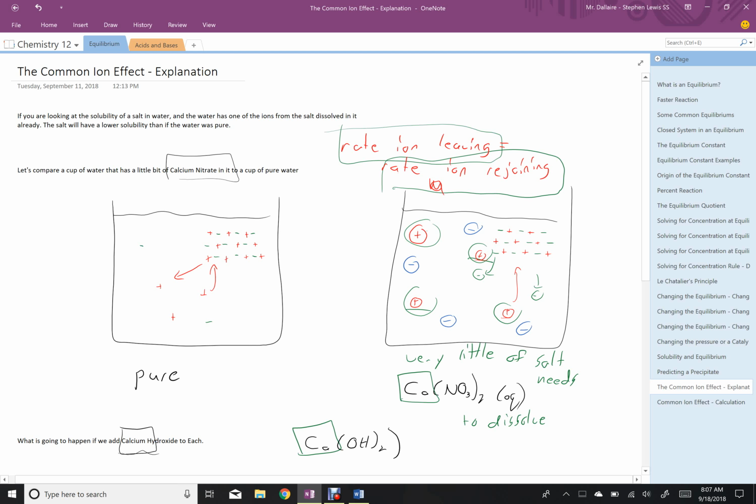But as opposed to needing to build up the concentration of both ions, here we only need to build up the concentration of one ion, and that allows us to have a lot less dissolve. So that's how having a common ion in the solution can limit the solubility of a salt that's put into that liquid in comparison to what the solubility would be in pure water.